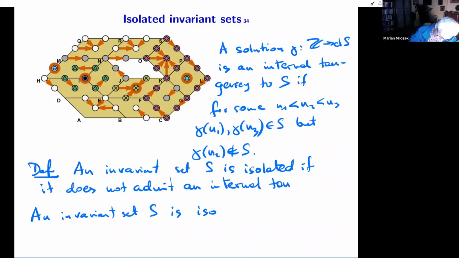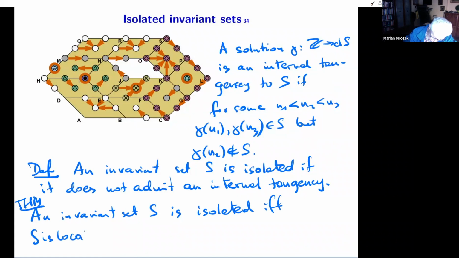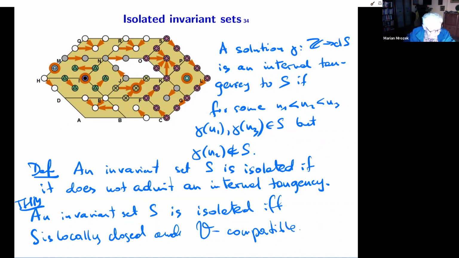And a theorem says that actually an invariant set is isolated if and only if precisely the two conditions I mentioned earlier are satisfied: S is locally closed and V compatible. So the definition more or less mimics the classical definition, because there are equivalent versions of defining.